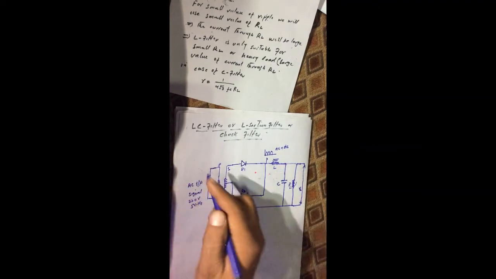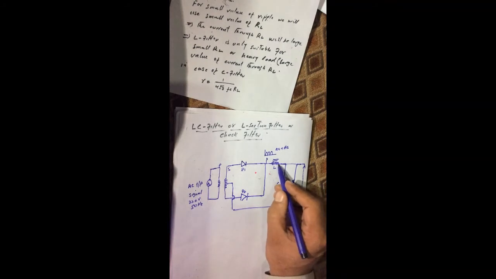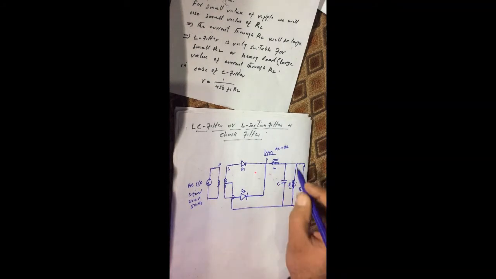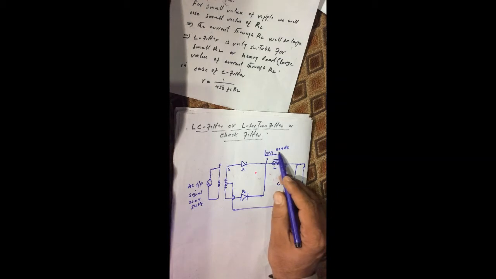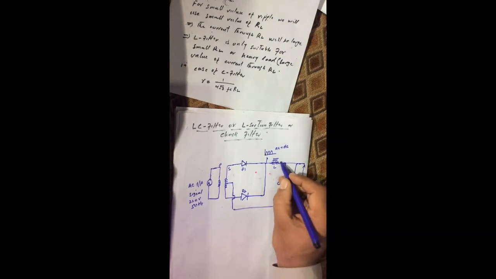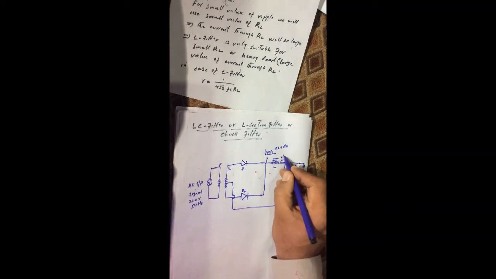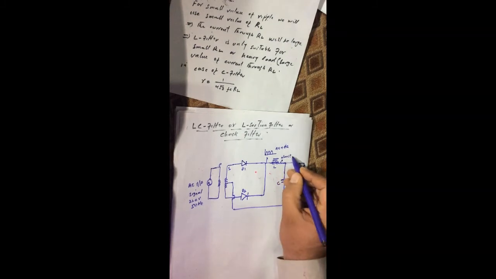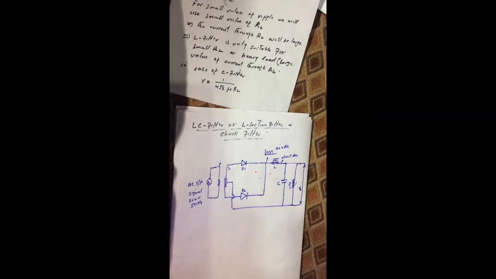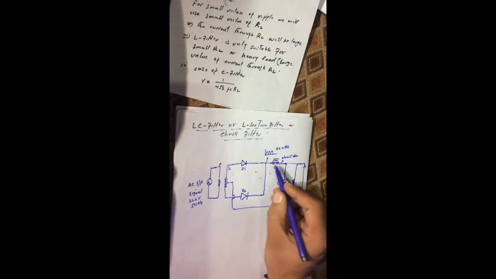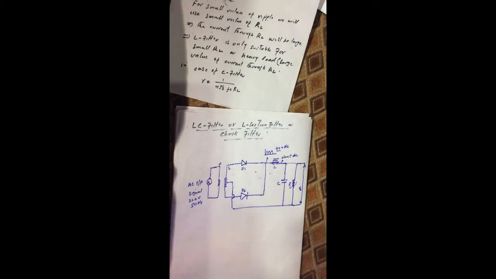But in the previous video, like in the L filter, we also discussed that there is a possibility that a small portion of this AC current, like the first harmonic we discussed there, might pass through this inductor also. So here almost DC current will be there, because this inductor blocks the AC component up to some extent.